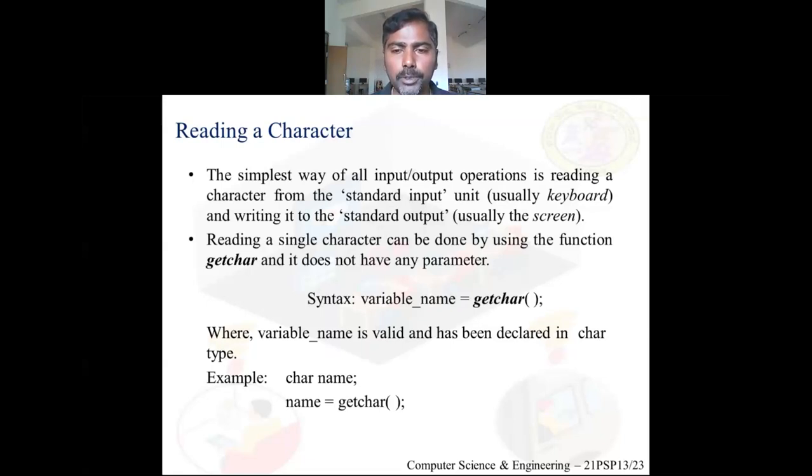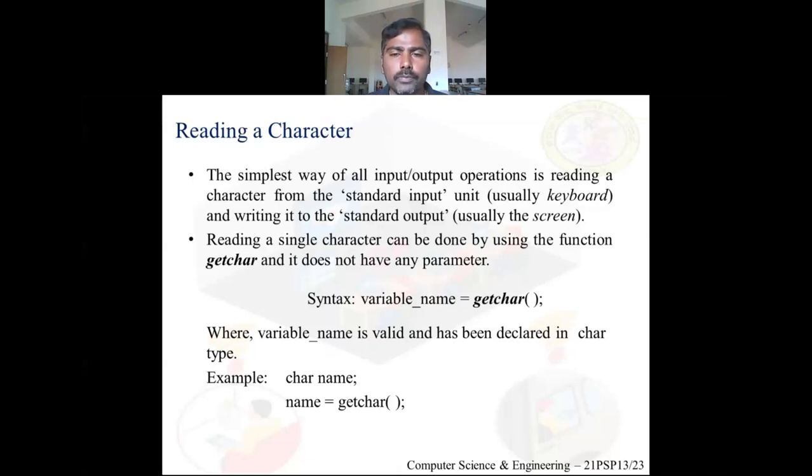I repeat, what is the difference between getch and getchar? Getch finishes its execution when the user presses any character, whereas getchar finishes its execution only when the user enters the return key.